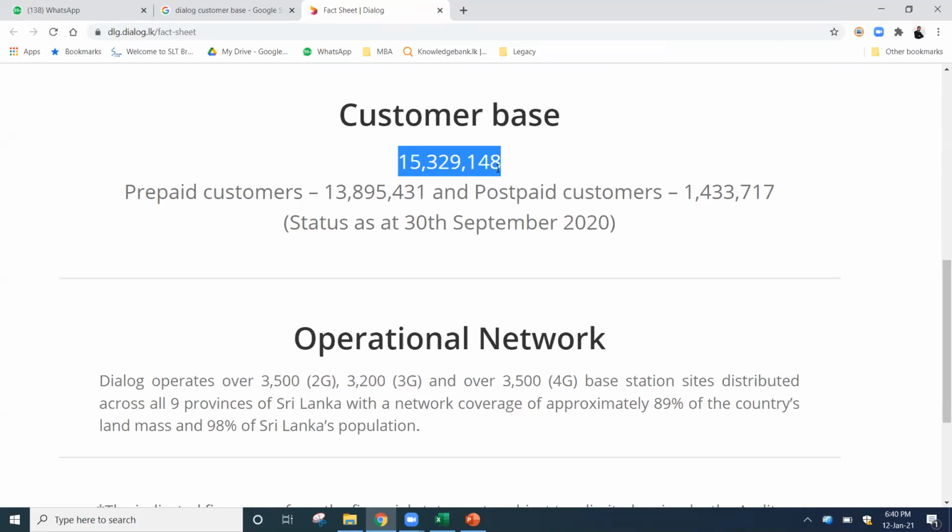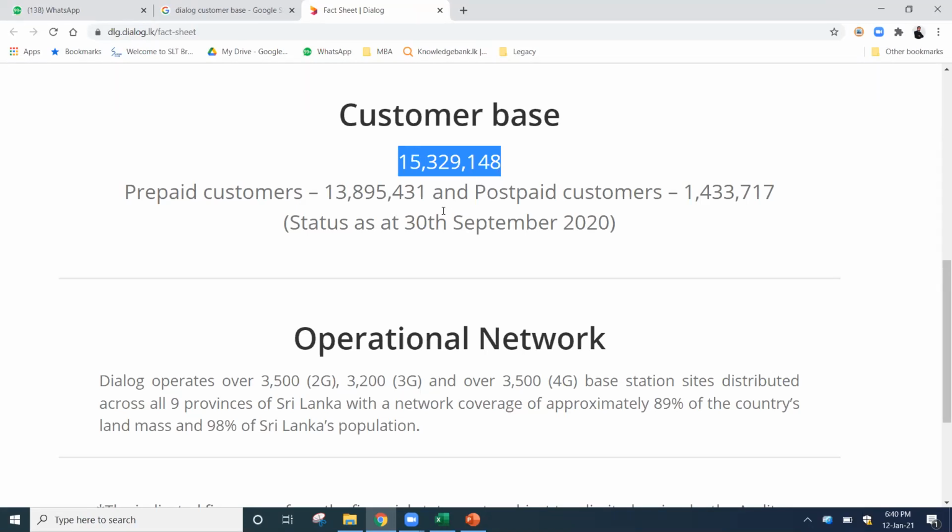If they record all these 15 million customer accounts in the general ledger, the general ledger will become very complicated. If you take supermarkets like Cargills, Arpico or Keells Super, they don't have many credit customers or debtors, but they have thousands of suppliers.